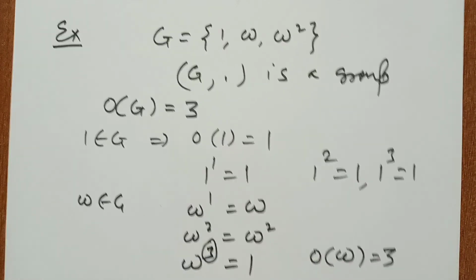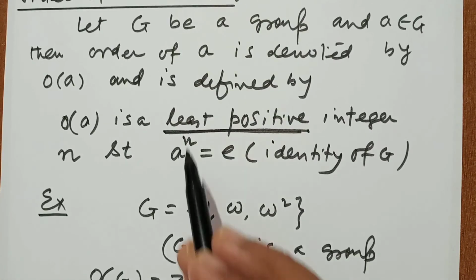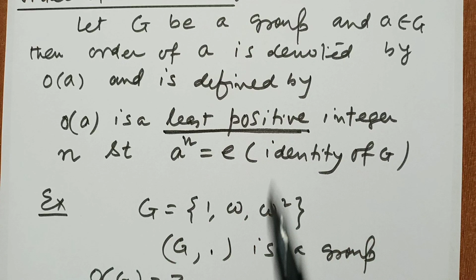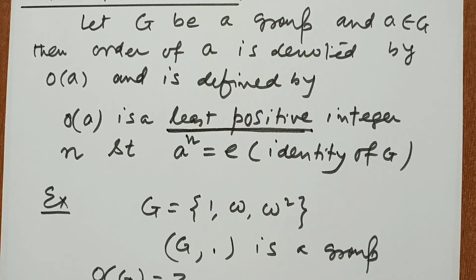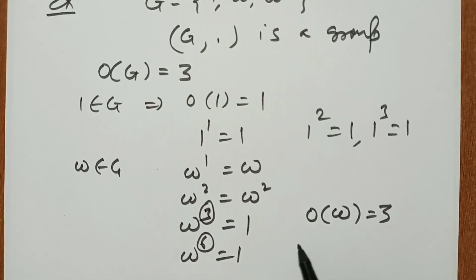Also remember, omega 6 is equal to 1, but 6 is greater than 3, because in my definition it is the least positive integer. So always remember, if you get a larger integer, the order is the least positive integer.